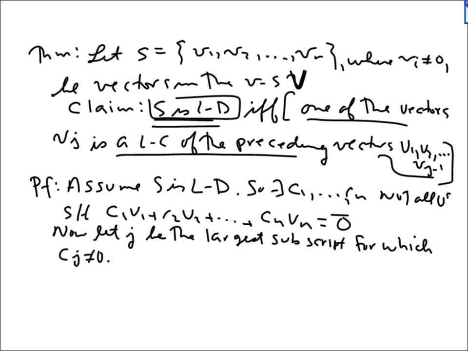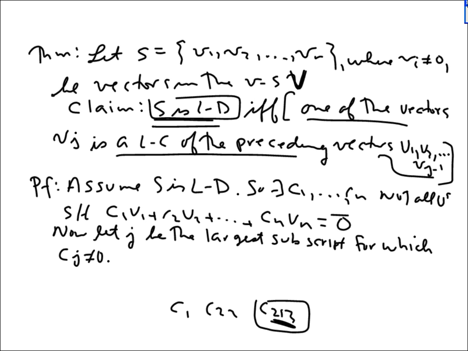We want the scalar furthest along that's not 0. Some of the scalars are not 0. If it's C1, C22, and C23, or C213, if those are the only non-zero scalars, this is the one I'm concerned with.